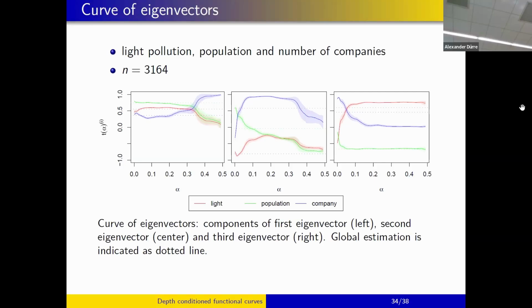And the third principal component is, for the central points, a contrast between population and light. But for the extreme points, it's a contrast between companies and light. So the directions change as we go from the center to the extremes. If you go to the extremes, then it seems to matter more what the population is if you want to predict the light.